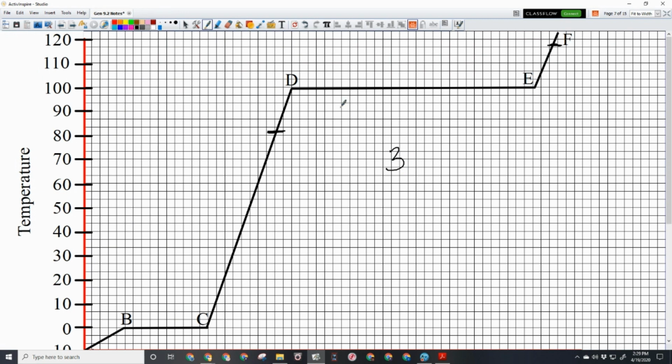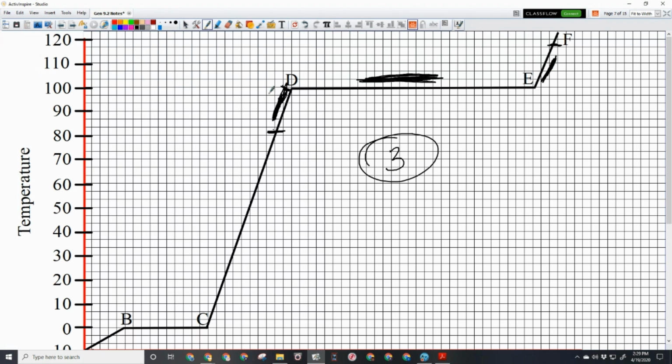The answer is 3, because we're going to need to make a calculation here where this line slopes from this point up to D. We'll have a calculation where we have a phase change, and then we'll have a calculation from E to F, and this is for water. So for this particular question, we're going to have 3 calculations that we make and then add those together.